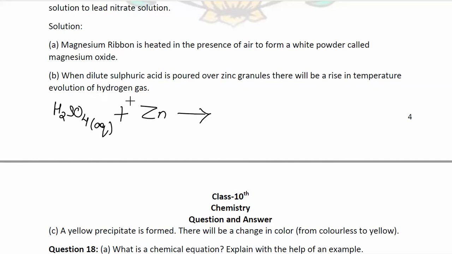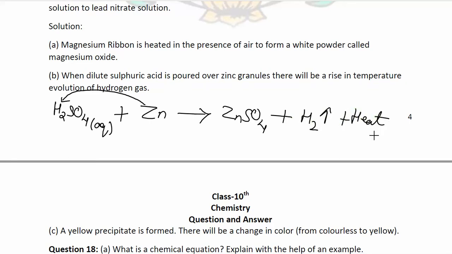The zinc will displace the hydrogen from the H2SO4. Okay, and what will happen? ZnSO4 will be formed, plus H2 gas will be released, and heat will also be released here.